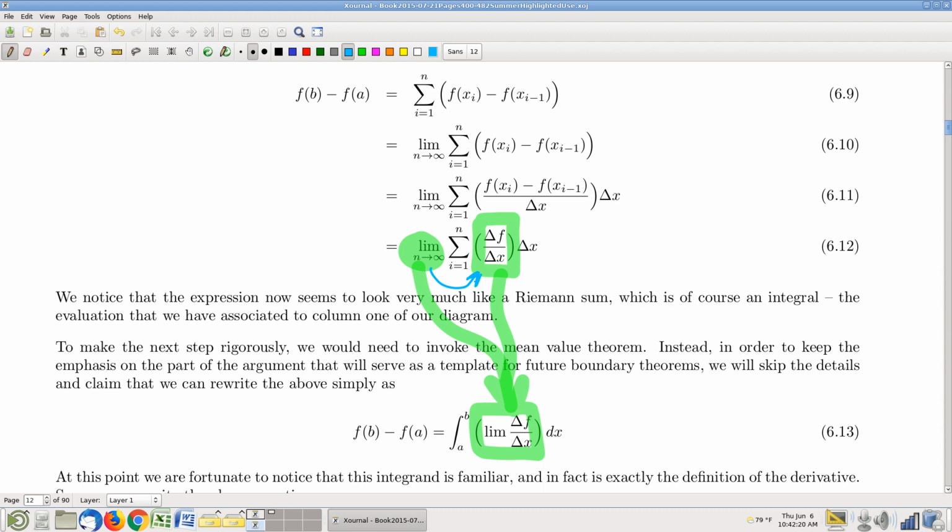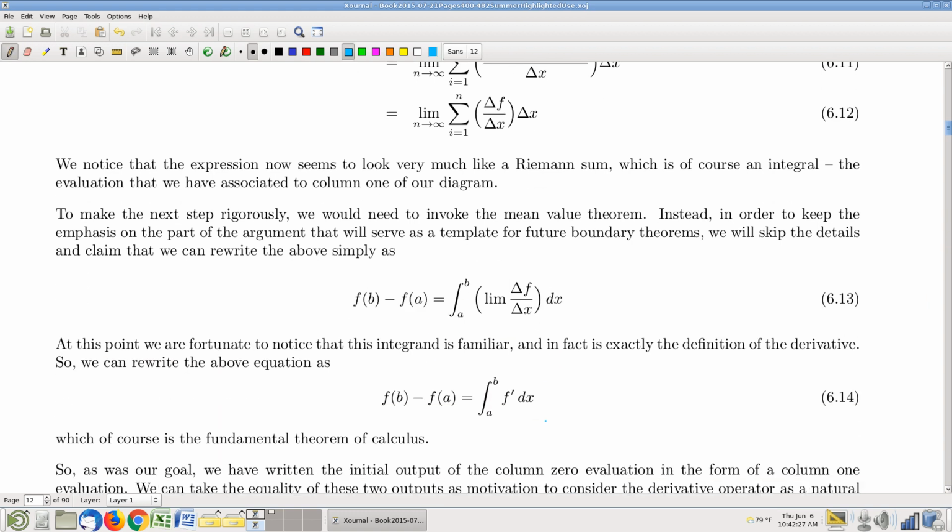Anyway, having swept that under the rug, notice that now we have an integral, and furthermore, this integrand is familiar. That is exactly the definition of f prime. And look what we got. We have our fundamental theorem of calculus. More to the point, we have what we stated as our goal. We've managed to find a way to view f of b minus f of a as an integral of something. That something is f prime.